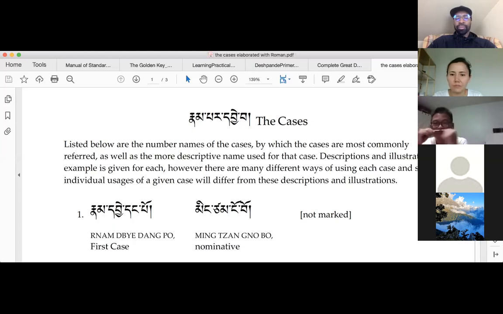Anyway, in Tibetan, some of these grammar cases are marked while others are not. Marking means you use some kind of particle, which is a small word, to show what role a particular word is playing in a sentence.